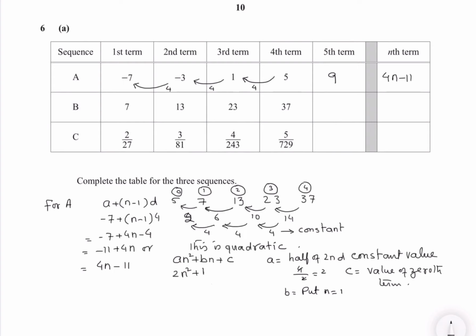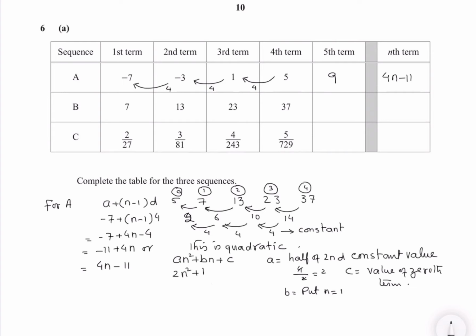And how to find C? C is always the value of the 0th term. So if you move backward from 37, how did you get 23? The difference was 14. So you subtracted 14 from 37, you got 23. Then you subtracted 10 from 23, you got 13. Then you subtracted 6 from 13.